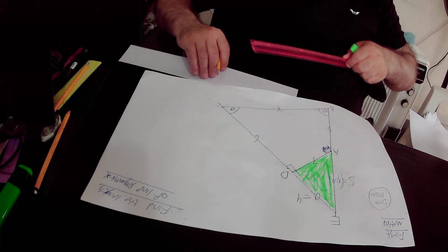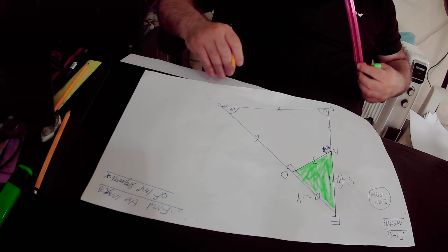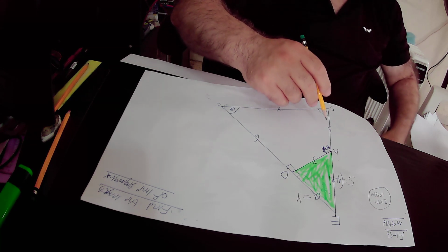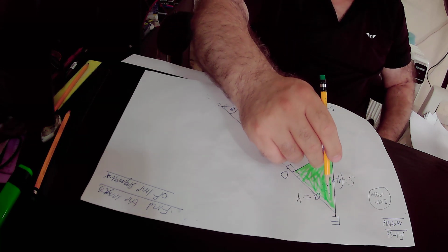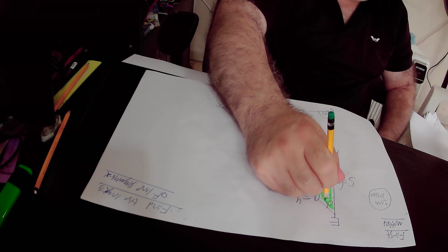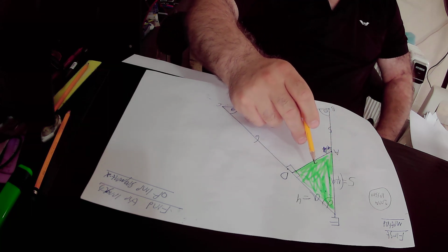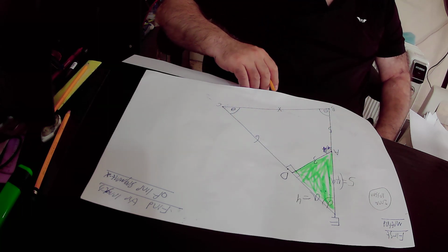In the next step, we will define angle AED as alpha. In the green triangle AED, angle AED equals alpha according to our definition.